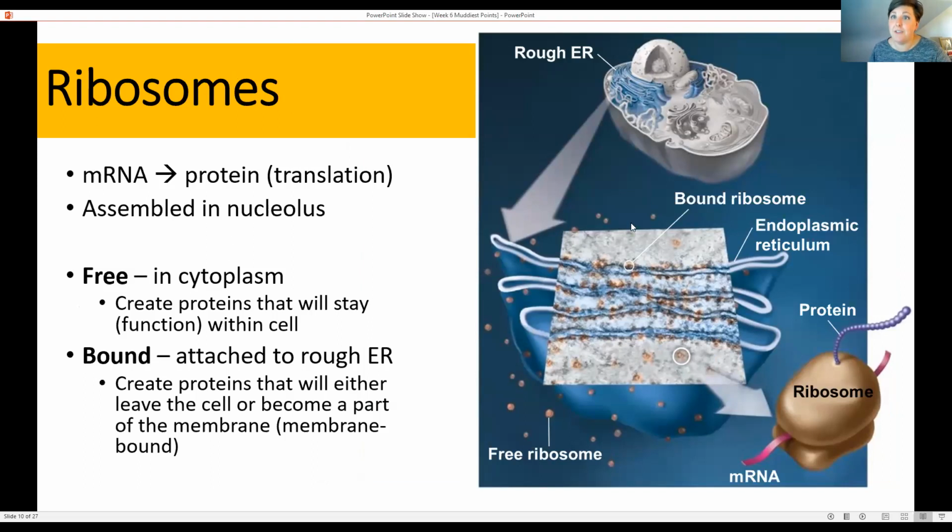So the rough endoplasmic reticulum is actually named the rough endoplasmic reticulum because of how it looks under a high-powered microscope. So this image is of a scanning electron micrograph of a rough endoplasmic reticulum. And you can see the membrane, the biological membrane of the rough endoplasmic reticulum.